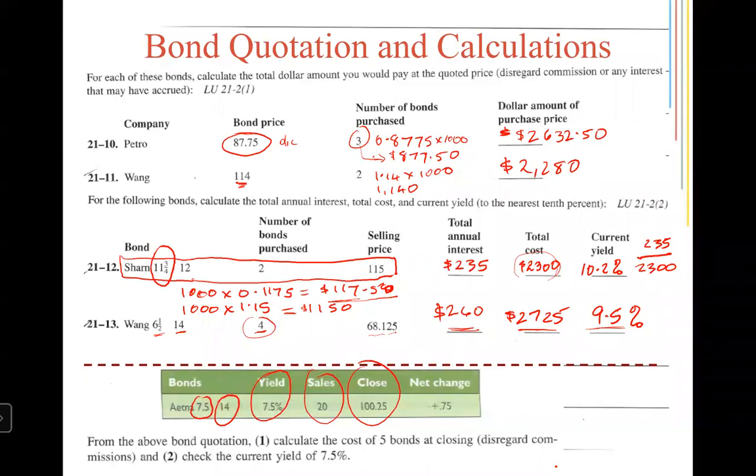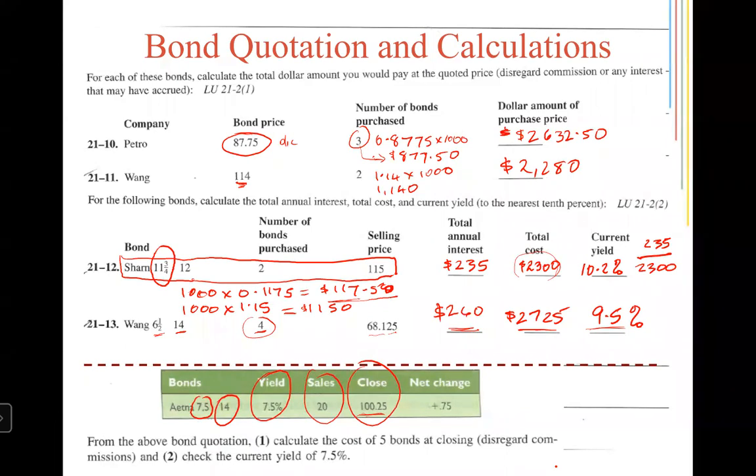But because we are dealing with bonds here, they don't tell you the dollar amount, they tell it to you as a percentage. Some papers or companies may actually give it as a dollar amount, but for this book, we are sticking to a percentage. So it's a percentage of 1,000.